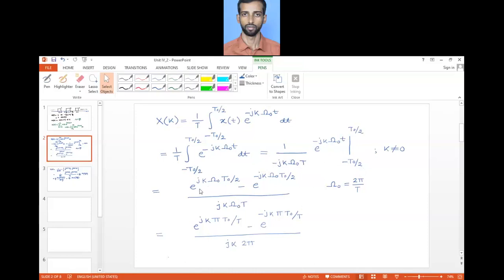So that will give us e to the power j k omega naught t naught by 2 minus e to the power minus j k omega naught t naught by 2, and omega naught is given by twice pi by the total time period, that is capital T. So if you simply substitute this value, omega naught is represented by 2 pi by T. So omega naught t naught by 2 will give you pi t naught by T, that's fine.